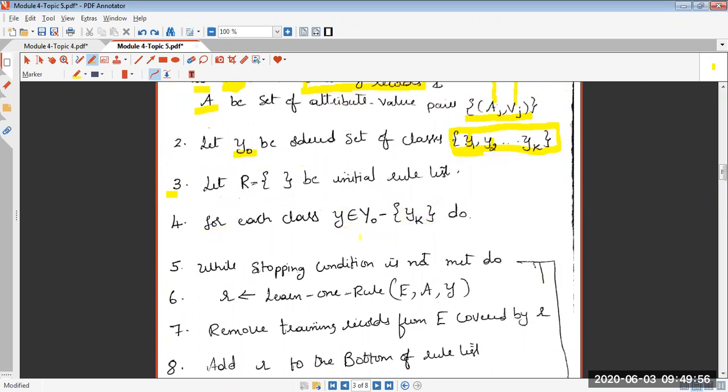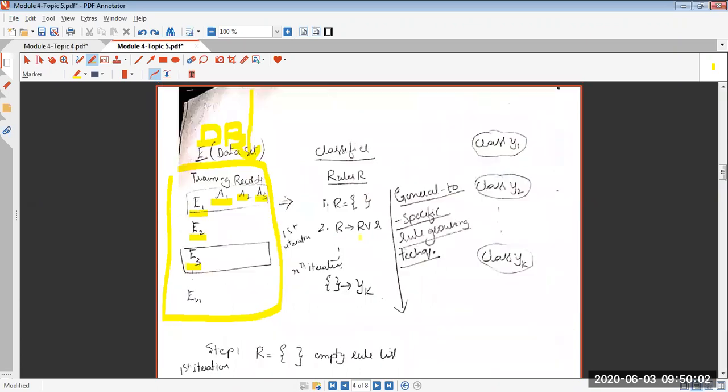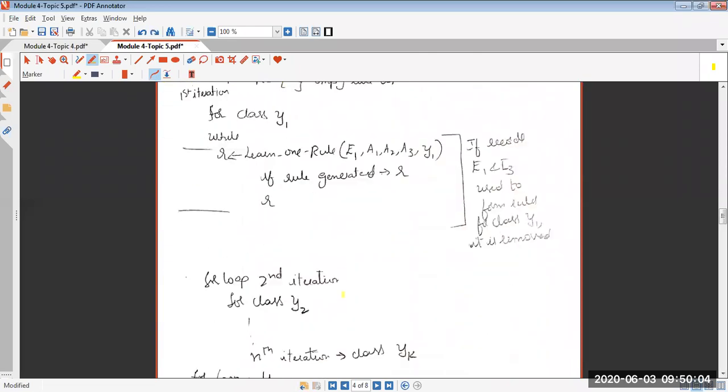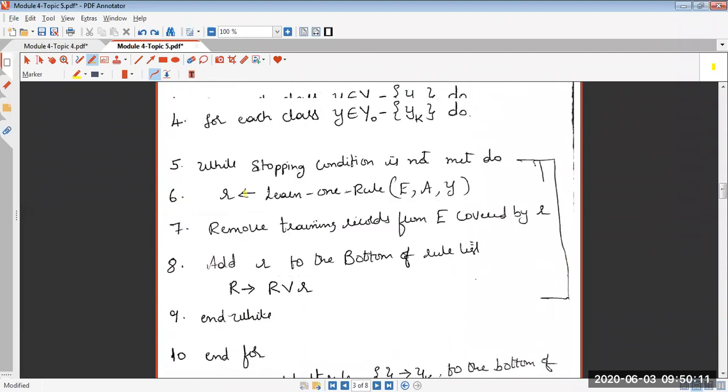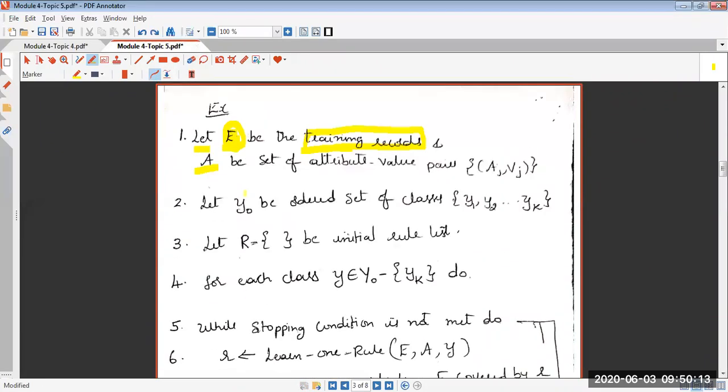So what you understood from this? The message you have here is that the sequential covering algorithm is working on a class by class basis. First it is taking class 1 and building the rules for class 1. Next it is taking class 2, building the rules for class 2.